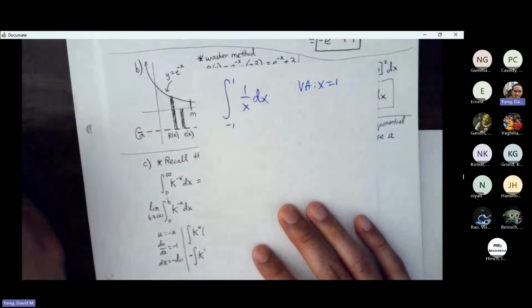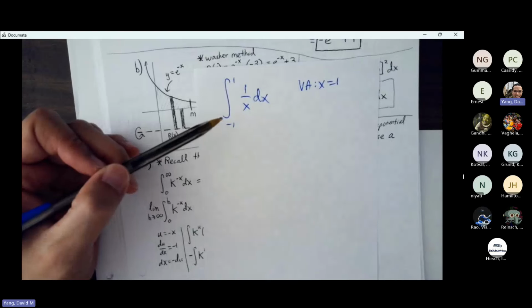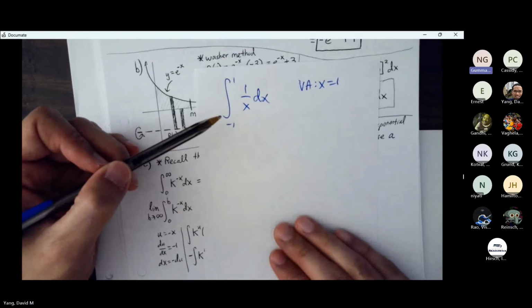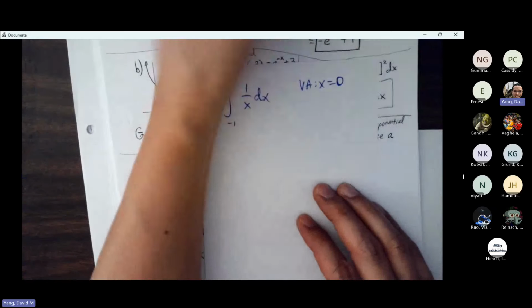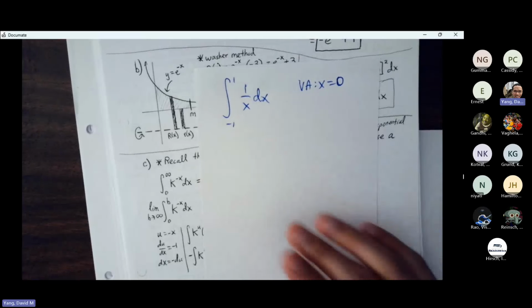Because of that vertical asymptote, we can't just think of this as a straight-up integral problem. We have to split the problem. Sorry, x equals 0. Yes, there's a vertical asymptote at x equals 0, and we have to split the problem up on both sides of our vertical asymptote.